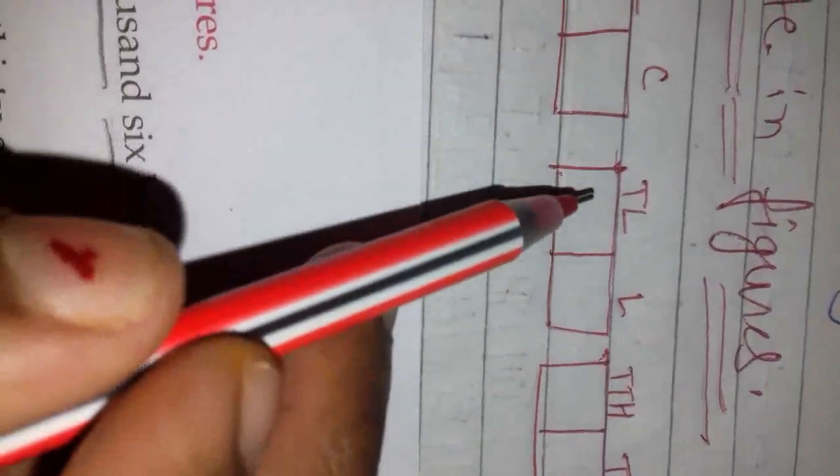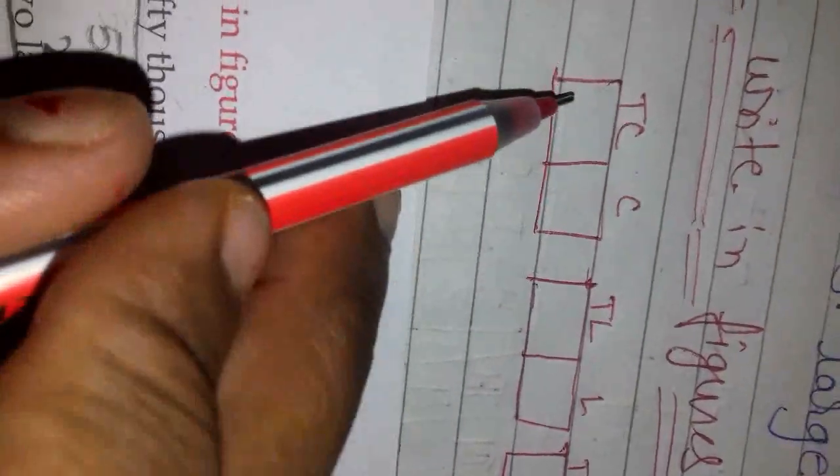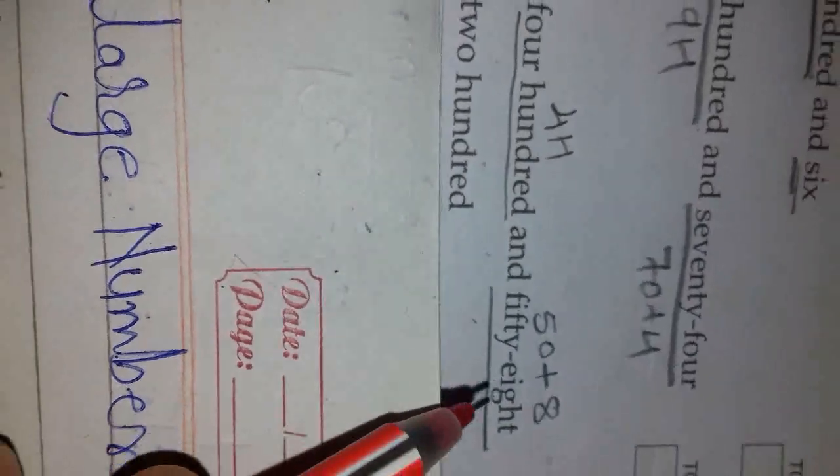Now see, I have made this period block till 10 crore period: ones, tens, 100, ones period; 1000, 10,000, 1000 period; lakh, 10 lakh, lakh period; and crore, 10 crore, crore period. So this is your place value chart. We will move from the right side.